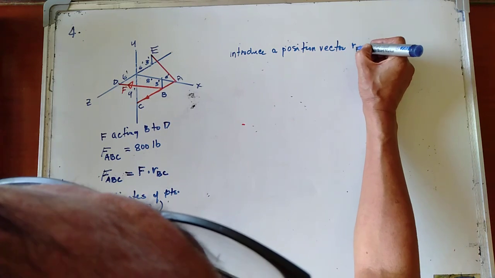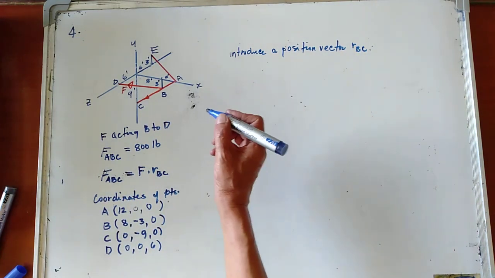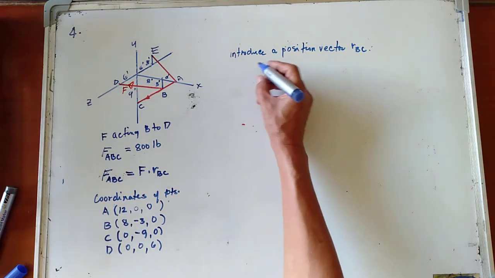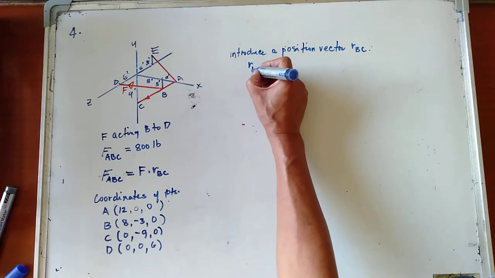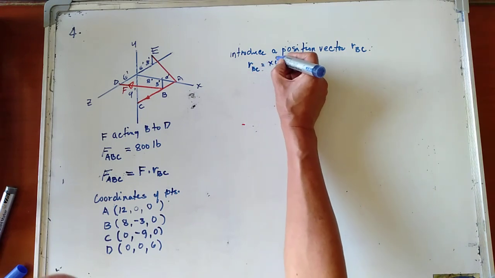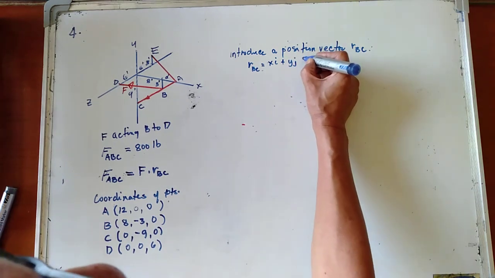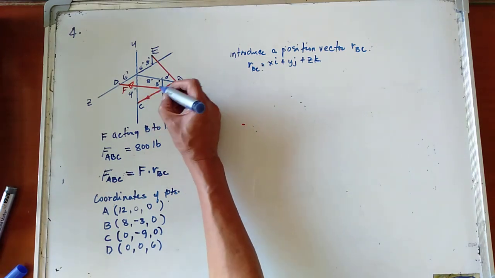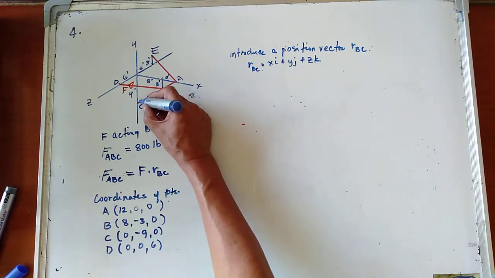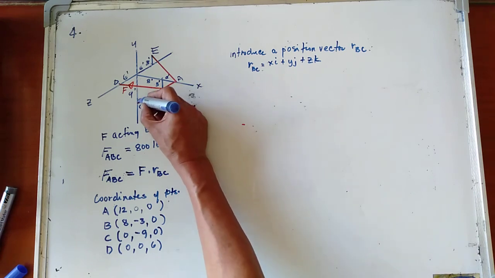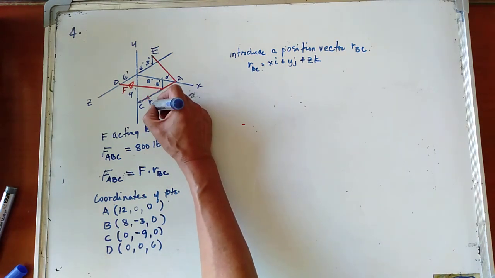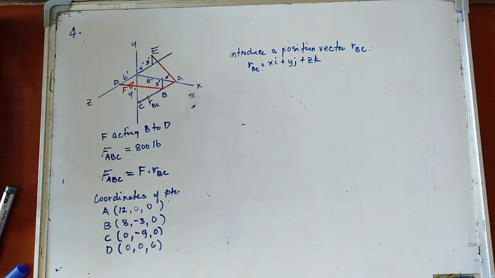That is your RBC, so BC is your position vector, where RBC is equal to xi plus yj plus zk. This is a position vector from B to C.